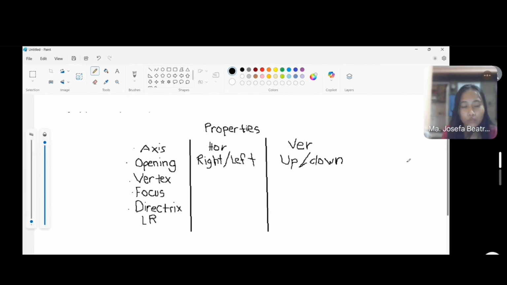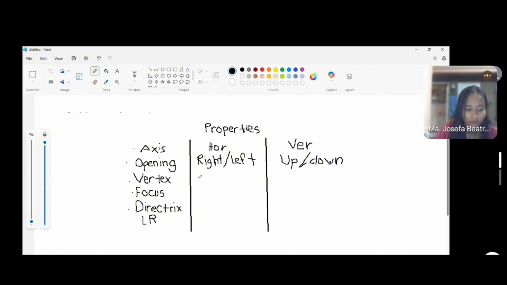So now here are the properties of parabola. We have our axis, which is horizontal or vertical. Horizontal axis means its opening is to the left or right. And vertical axis means it opens upward or downward.